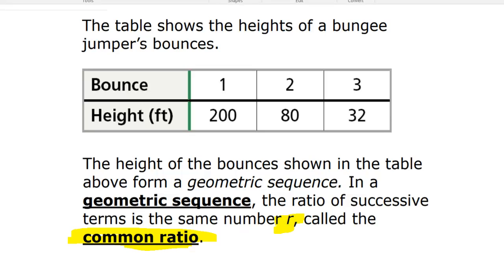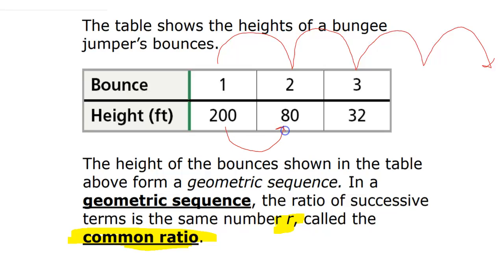If you look at the example that we have here, we've got the number of bounces of a bungee jumper and the height of the bungee jumper after a certain number of bounces. And we can see this would continue on 4, 5, 6 all the way through. Now the heights are a geometric sequence. It goes from 200 to 80, and then from 80 to 32.